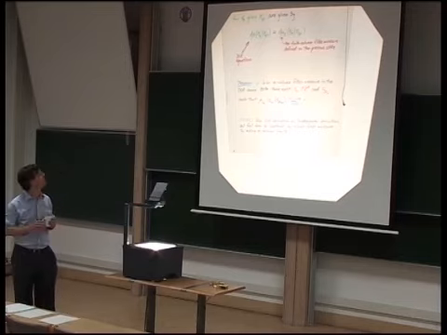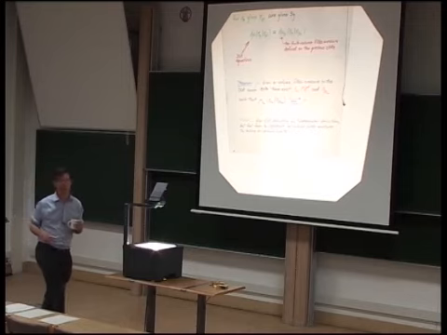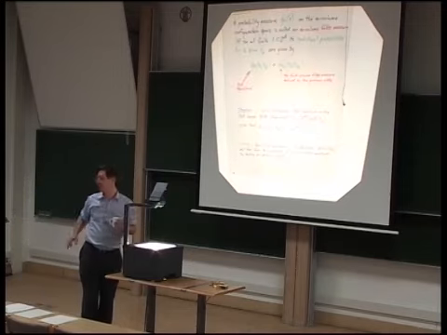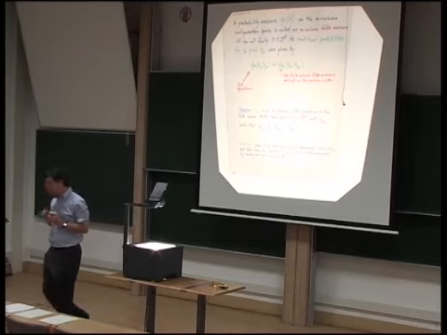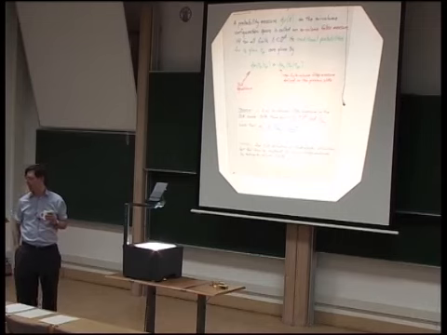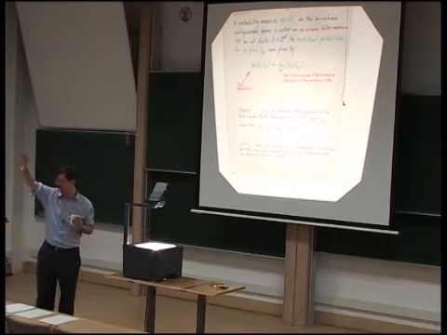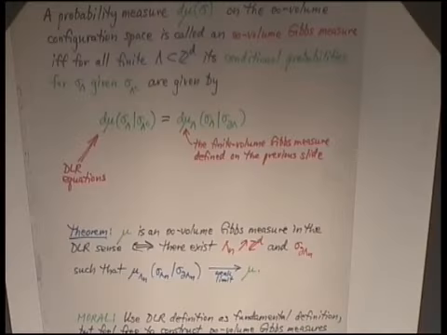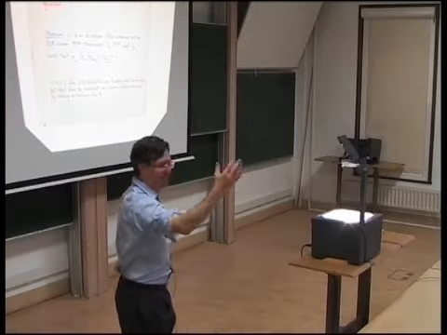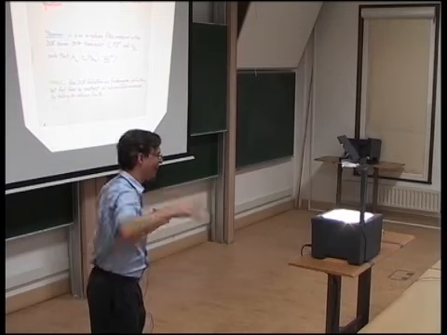Now, I should say I've cheated a little bit, and let me say how I cheated. On the previous slide, I assumed deterministic boundary conditions. That is to say, the boundary condition is a particular configuration. I could have been more general and allowed stochastic boundary conditions. I could have said the experimenter, in preparing the probability measure in volume lambda, first throws some coins to determine what his boundary condition is.